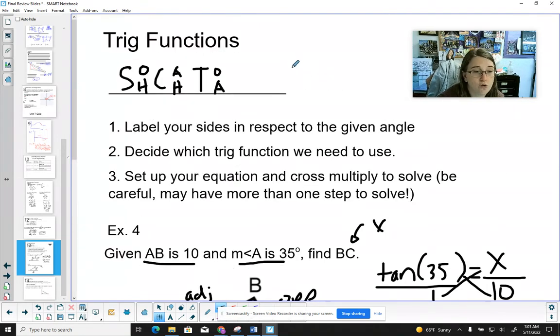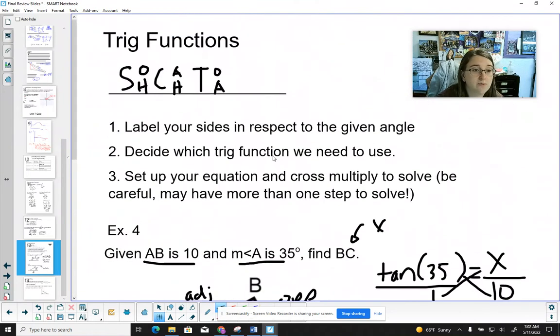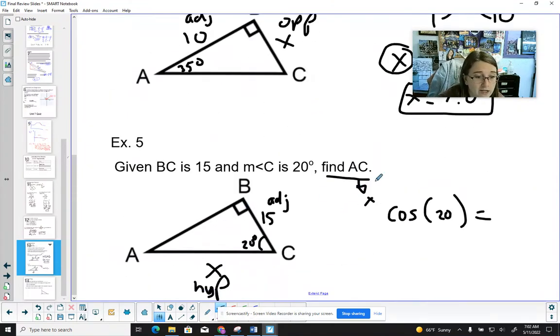You should have chosen to use cosine. That's A over H. So I've got cosine married to my angle, so my angle is going to be the 20. And my fraction is specifically whatever my adjacent is over whatever my hypotenuse is. It's not a choice. My adjacent is 15. My hypotenuse is x.